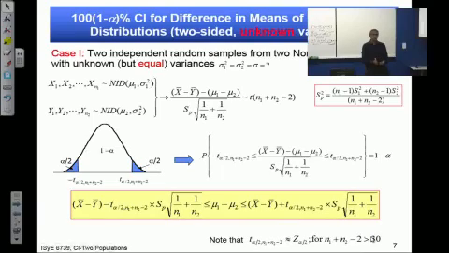You can have even two observations for one population and 29 from another population. That's fine. If you have one, definitely it's not good because you cannot estimate any variance using one observation. Any questions? Okay.